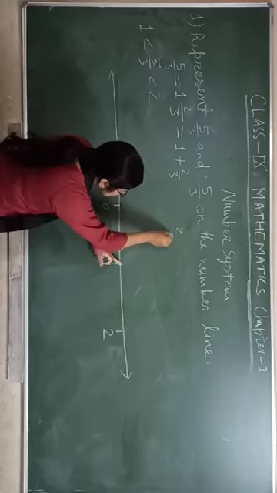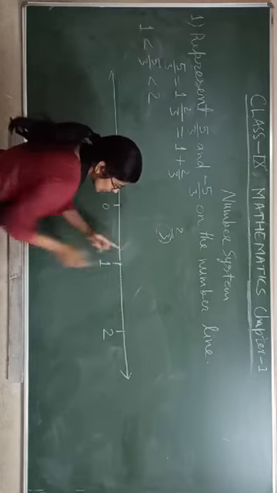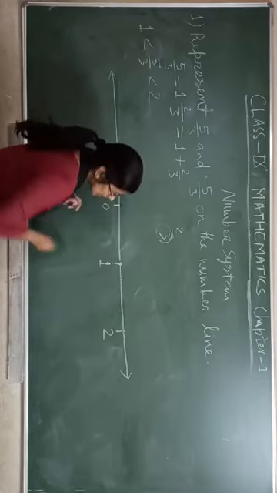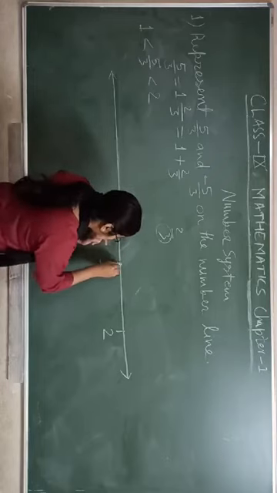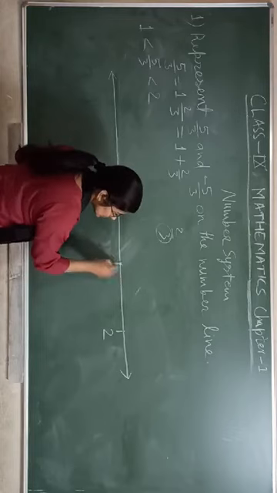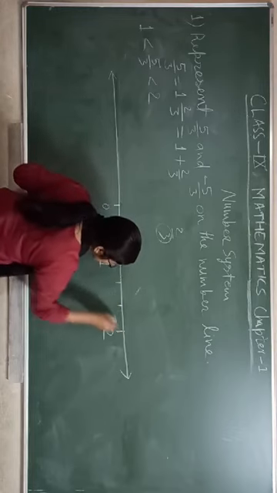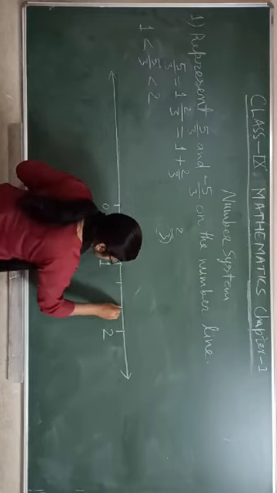So very simple. How much is written in your denominator? That's 3. So in between 1 and 2 we have to draw 3 lines. Our line starts from here, so it will be 0, then 1, then 2 and then 3. The gap should be equal. Equal gap we have to take.